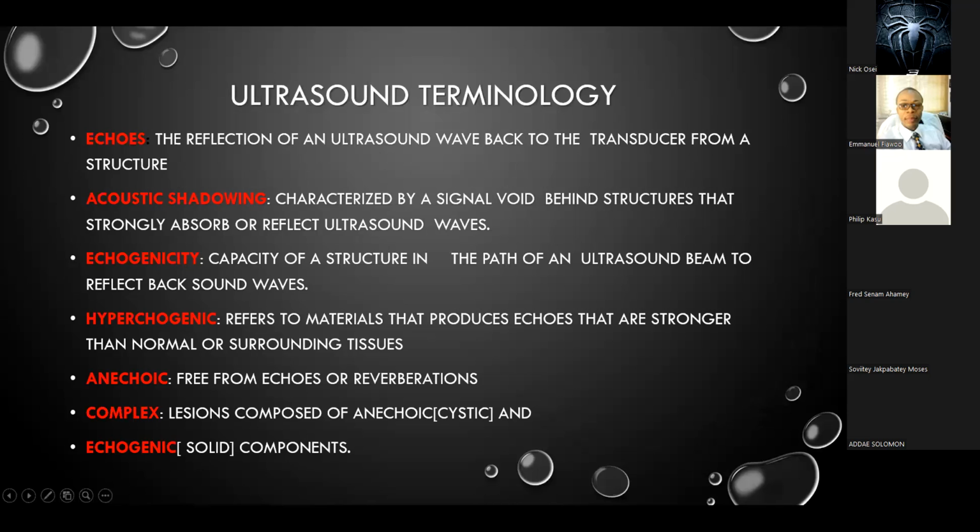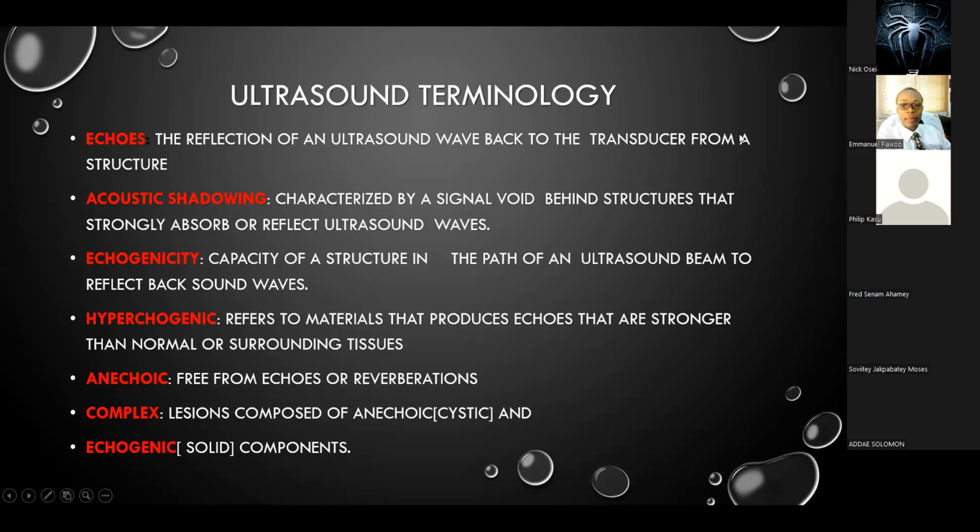So echo. Basically, when the sound waves hit any structure, some of it is reflected back and perceived by the transducer. What the transducer perceives are what we refer to as echoes. Just like how bats move around, they produce a sound, and based on the echoes that they get, they are able to tell what structure is ahead of them and avoid colliding with it.